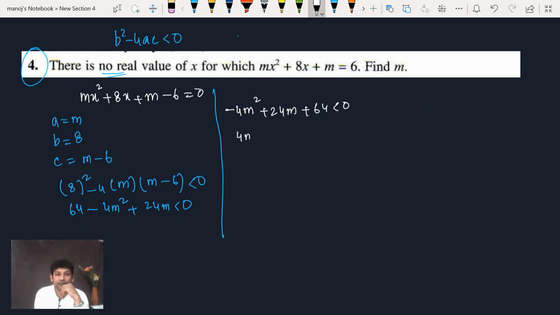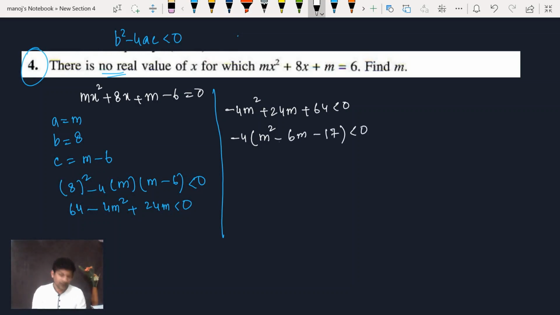So, okay, common is minus 4. m squared plus 6m, and sorry, this negative common minus, and this minus 64, you can write 4 times 16, that's less than 0.